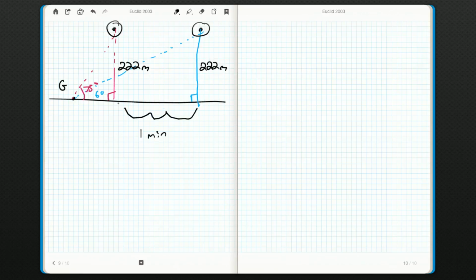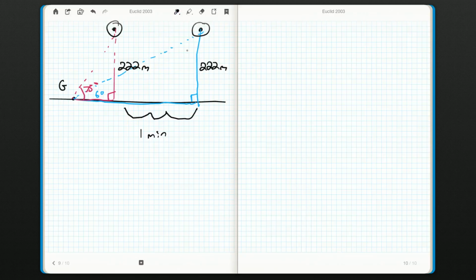If we could figure out this distance, we'd be all set. So how are we going to figure out this distance? Well, I noticed that it's the adjacent side length to the 6 minus the adjacent side length to the 75. So if I can work those out, I'll be all set.